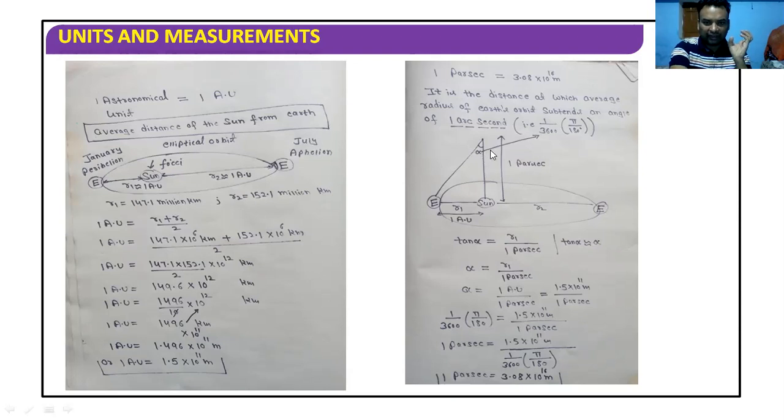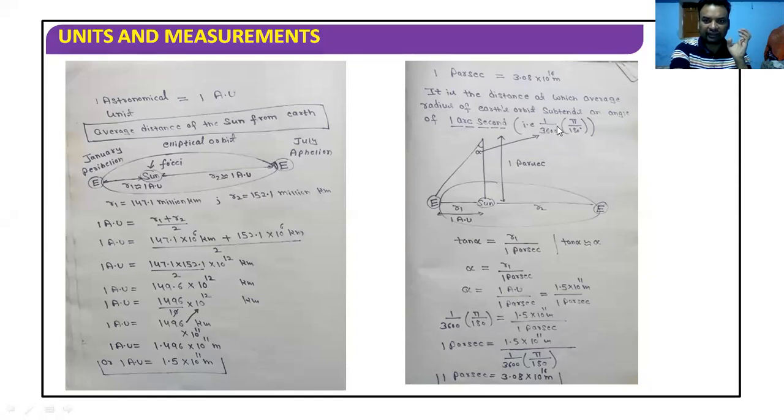Now, this angle alpha is known, and this 1 astronomical unit is also known. So we can calculate: tangent alpha is equal to R1 upon 1 parsec. The angle is very small. 1 arc second is 1 upon 3600 multiplied by pi upon 180, since 1 degree is pi upon 180 and per second it is 1 upon 3600.